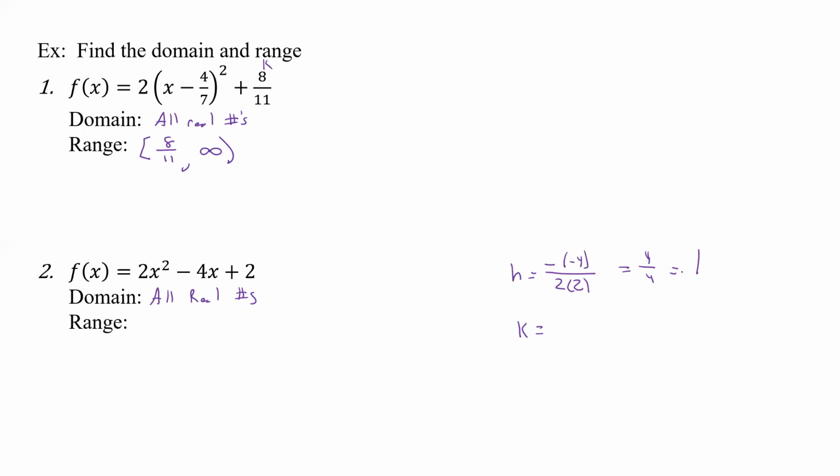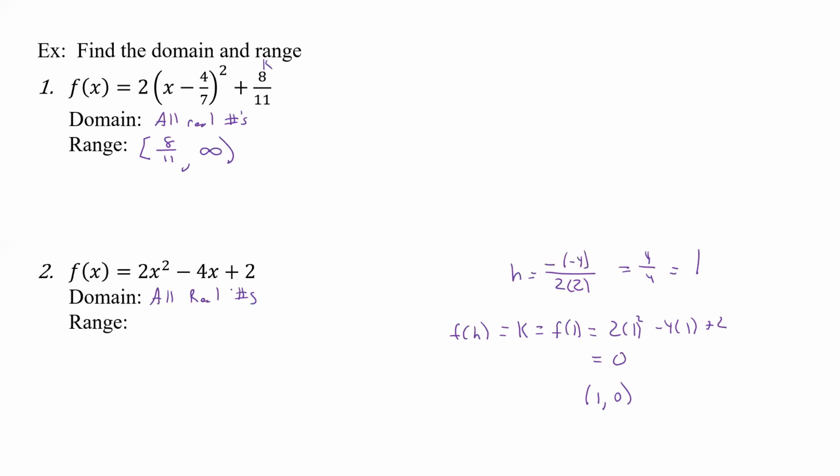Well, k, we just plug 1 into our function because this is just equal to f of h. So we plug in h is 1, so then we want f of 1, and that's going to be 2 times 1 squared, minus 4 times 1, plus 2. So that's 2 plus 2 is 4, minus 4, so that looks to be 0. Okay, so our vertex is 1 comma 0.